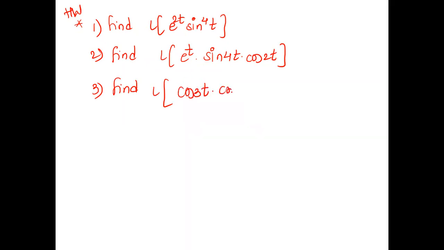Cos 3t cos hyperbolic 4t. e raised to 4t into t raised to 3 by 2. I think these are enough. Just try them.